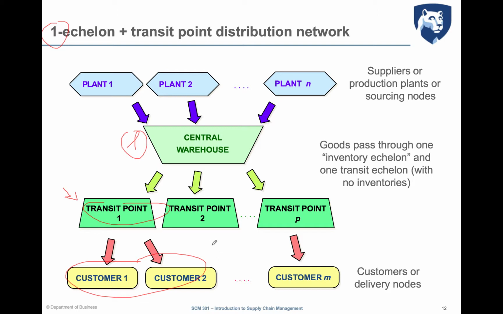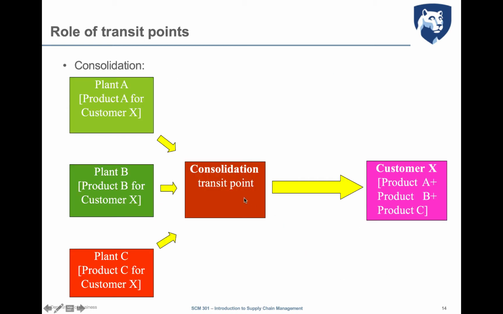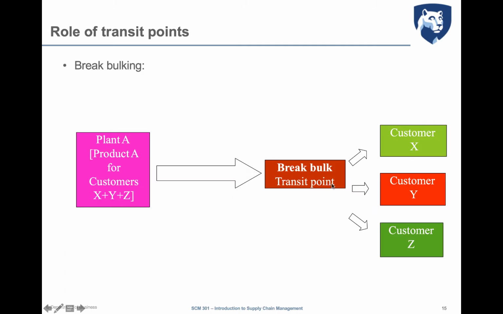We have discussed in class the transit point. In the transit point, some activities that can be executed are consolidation of products, where different products coming from different plants are consolidated in one lot, instead of being separated in different lots. Break bulk activities are where a lot with different products coming from the same location, the central warehouse, is split into different types of products and then shipped to different customers.